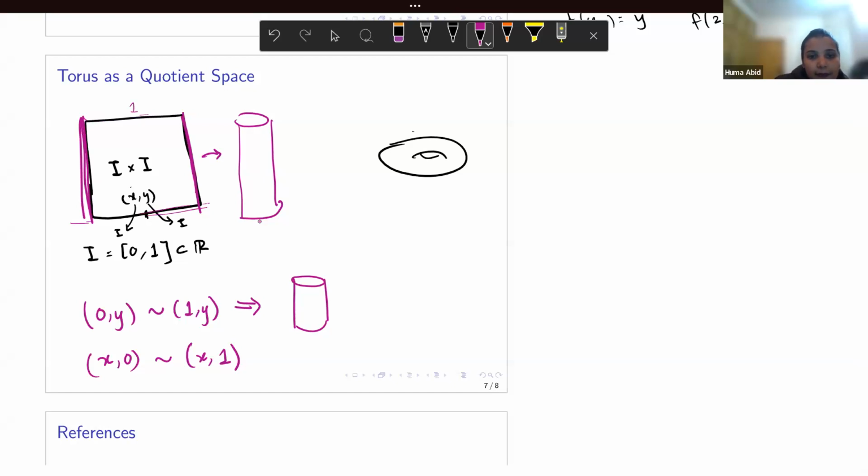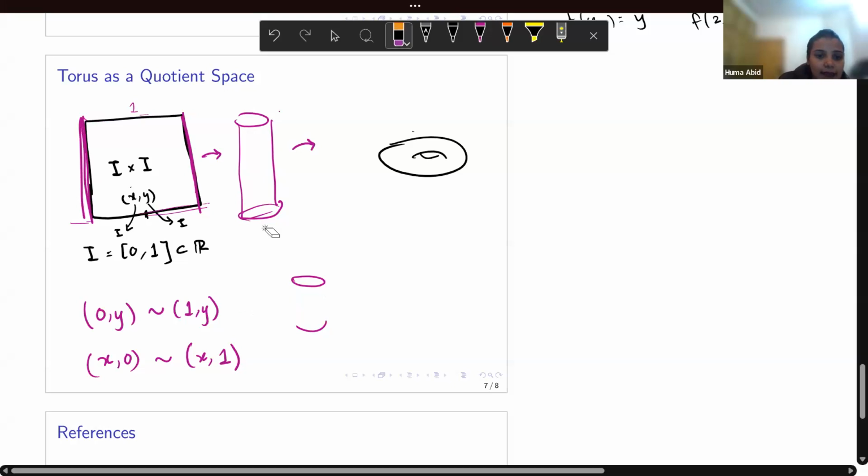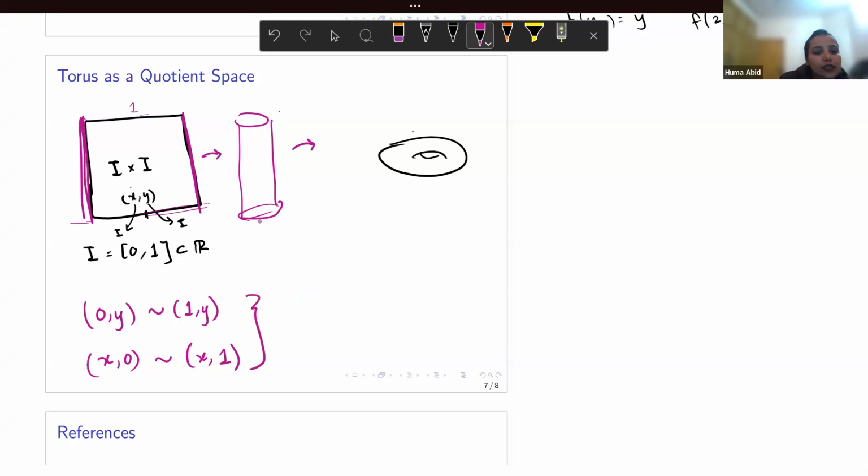If you identify them, then that's the second gluing together of both of these circles, this circle and this circle. And both of these combined give you the equivalence relation that you need. So if this is your equivalence relation tilde, and you factor out I cross I by it, you will get a torus, right?